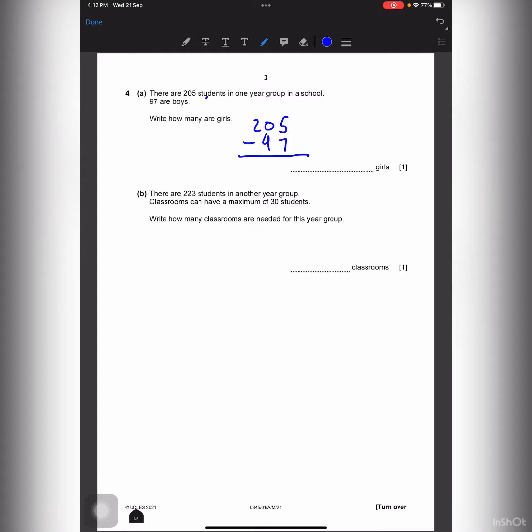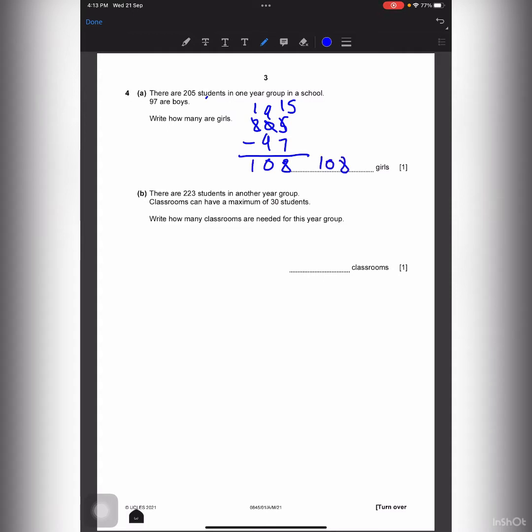As you can see, we cannot minus. We will have to borrow. So this will become a 9. This will become a 15. So 13, 14, 15. 15 minus 7. 1, 2, 3, 4, 5, 6, 7, 8. 8 is our answer. So there will be an 8 here. And this will become a 0 and this will be a 1. So there are 108 girls.